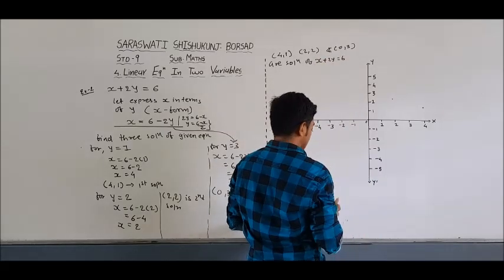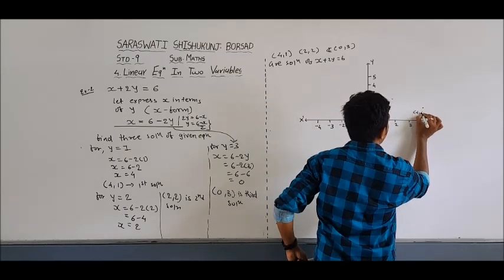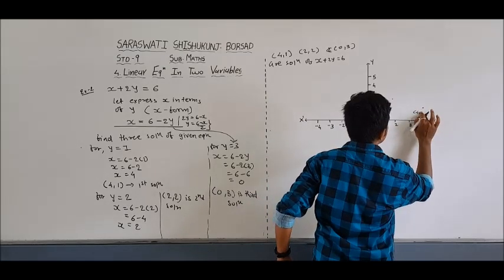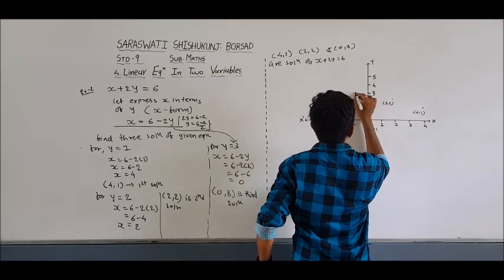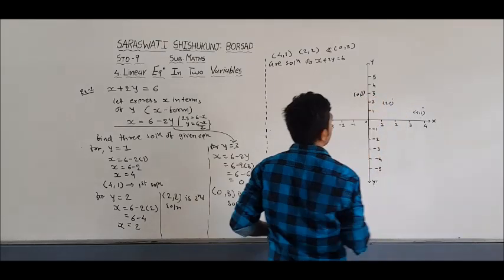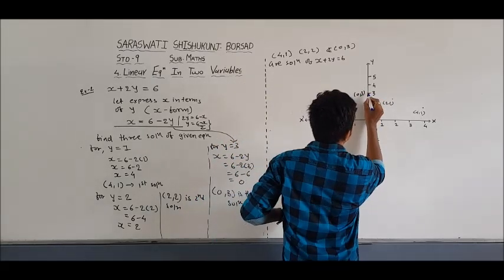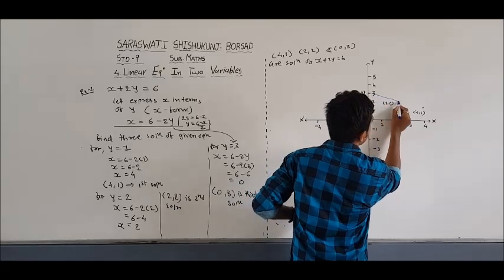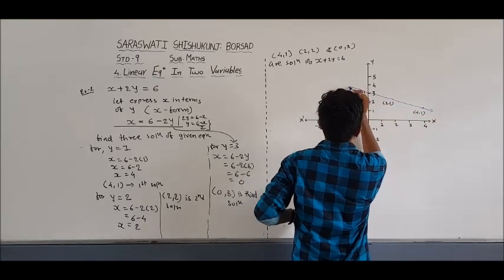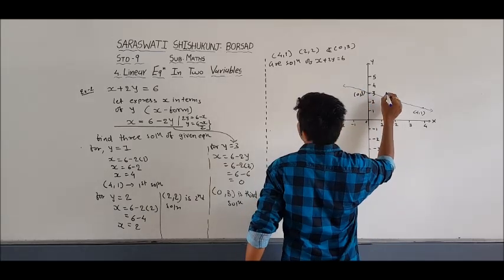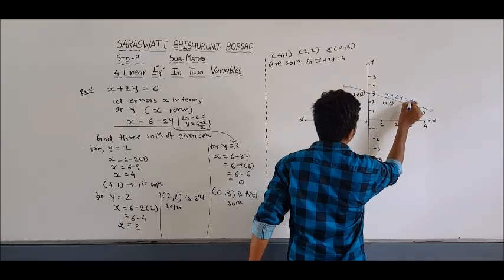So now the line is drawn. This is our (4, 1), this is our (2, 2) and this one is (0, 3). Now join the 3 points. So the graph goes like this. So this line is x plus 2y equal to 6.